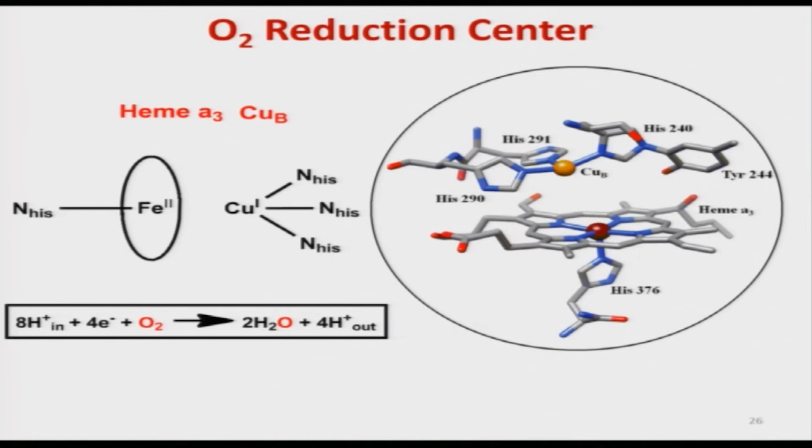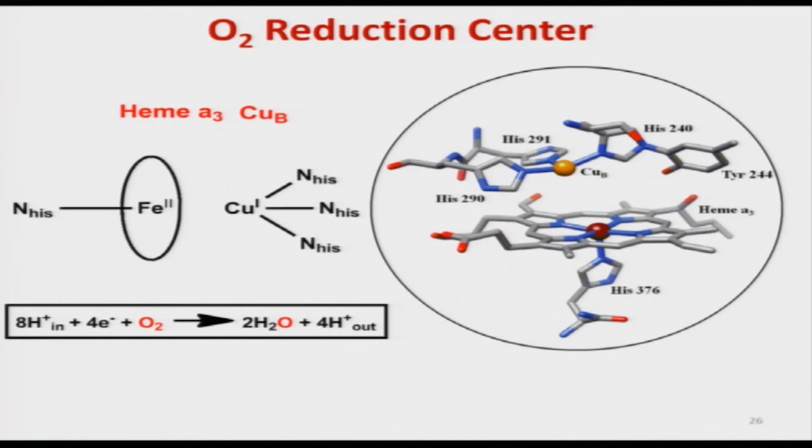This is the dioxygen reduction center, and this is the chemical reaction: 8 H plus in plus 4 electrons plus oxygen gives rise to 2 H2O plus 4 protons out. And as you can see, the structure of the iron copper center is shown over here.